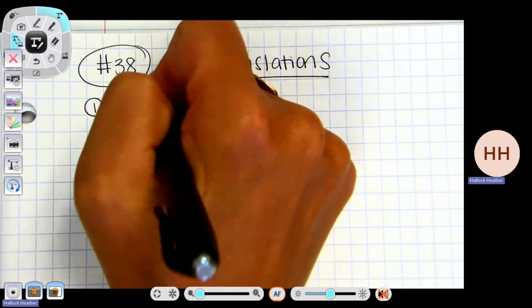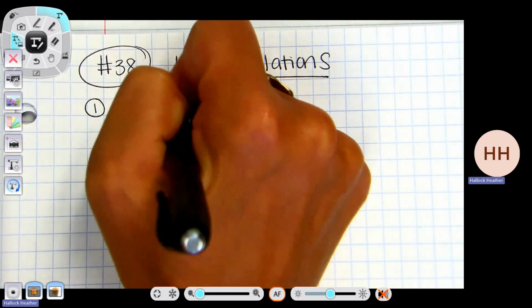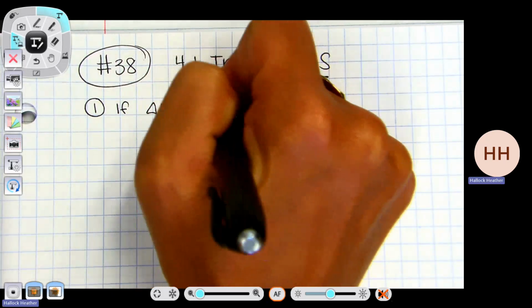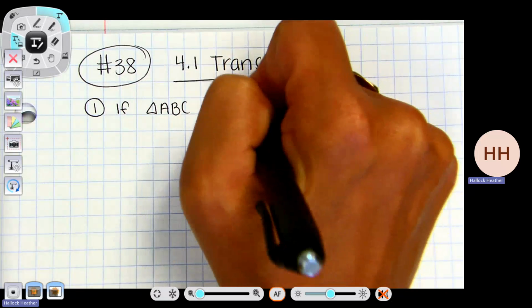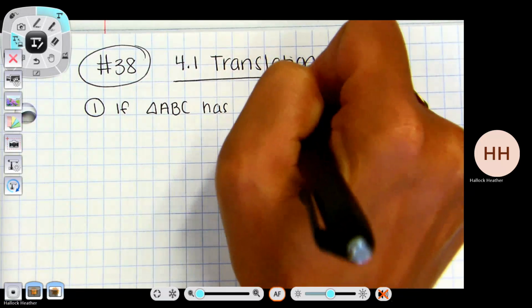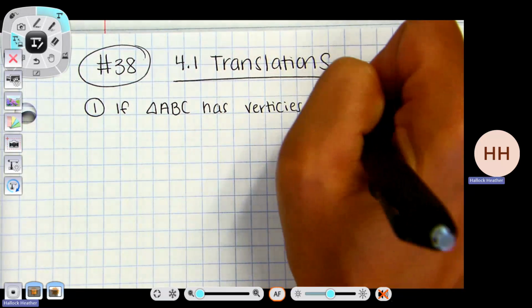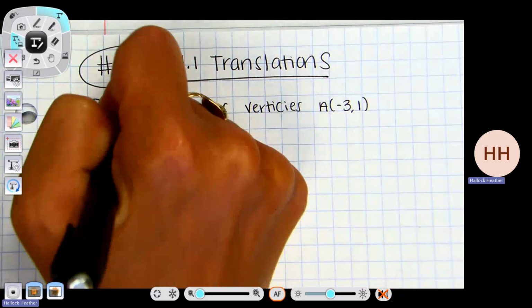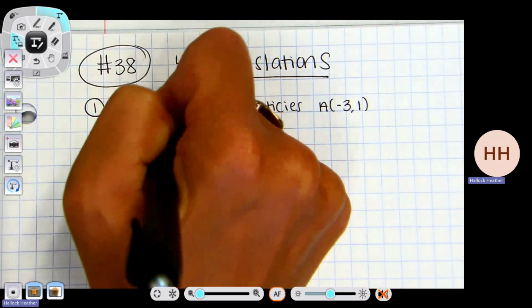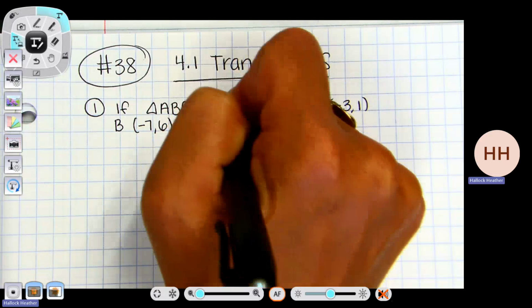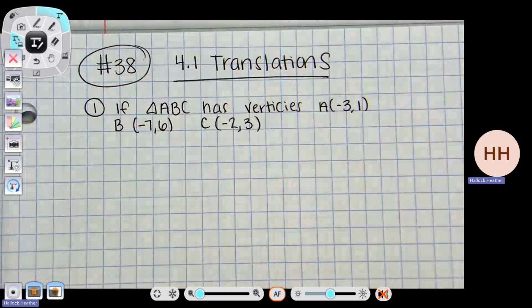So we're going to say if triangle ABC has vertices, which means corners, A, which is -3, 1, B, which is at -7, 6, and C, which is -2, 3.